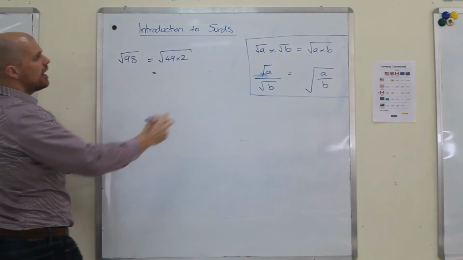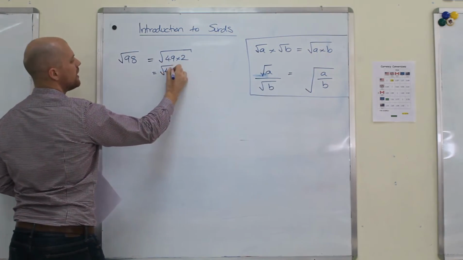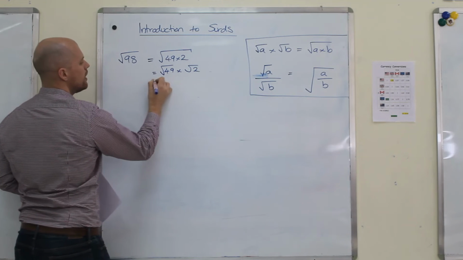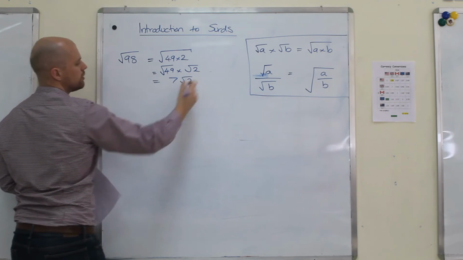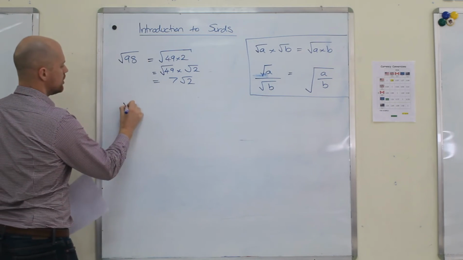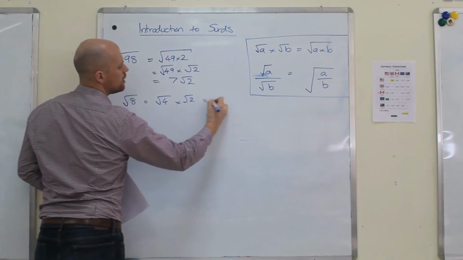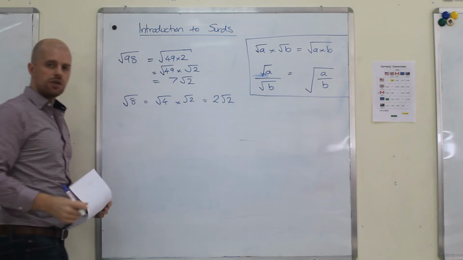And therefore if I split it up by going from here this way, I could do root 49 times root 2, which is 7 root 2, for example. I can get root 8, which would be root 4 times root 2 to give me 2 root 2.